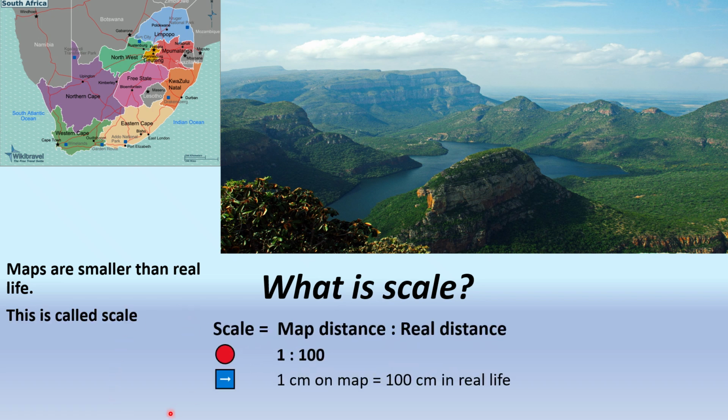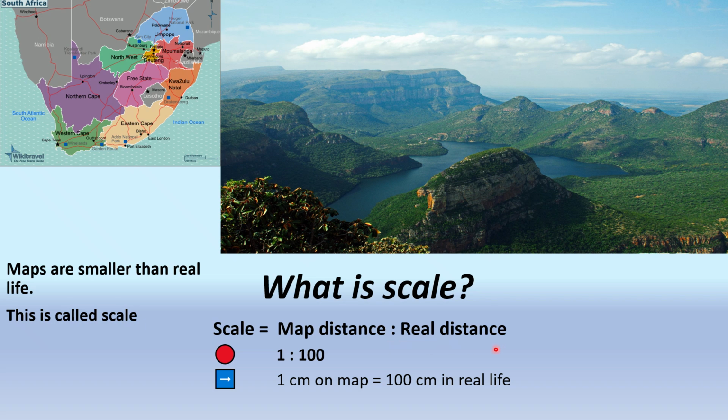So now let's look at something that is important for your tests and exams, which is if we look at this, it says scale equals map distance. These two dots here are called 'to', so scale equals map distance to real distance.